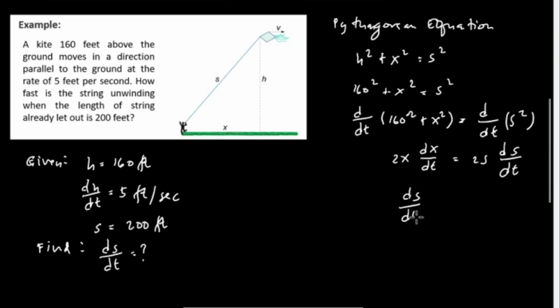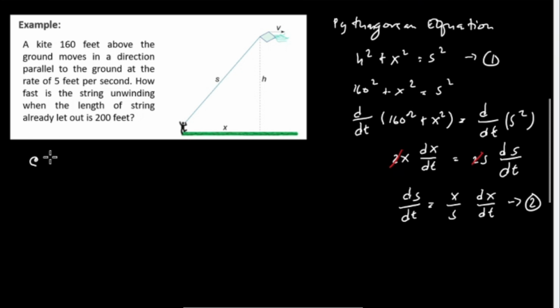We cancel out the constant 2, so ds over dt is equal to x over s times dx over dt. This is equation 2.